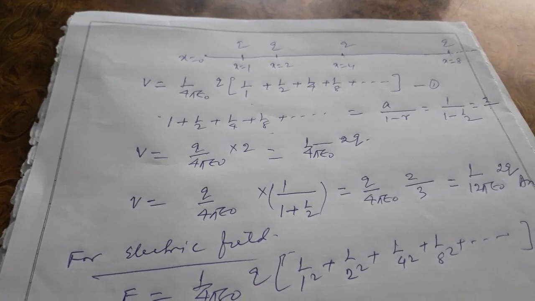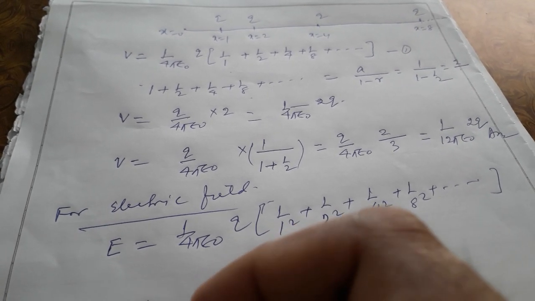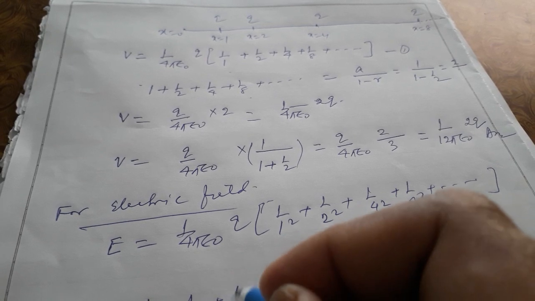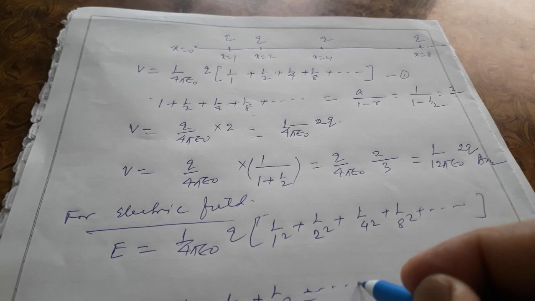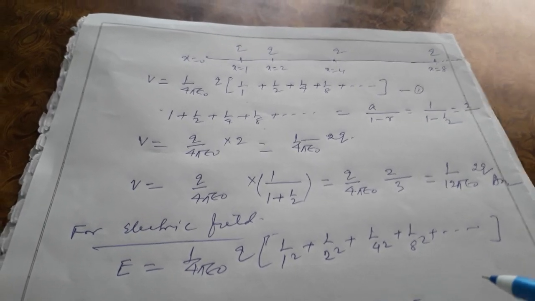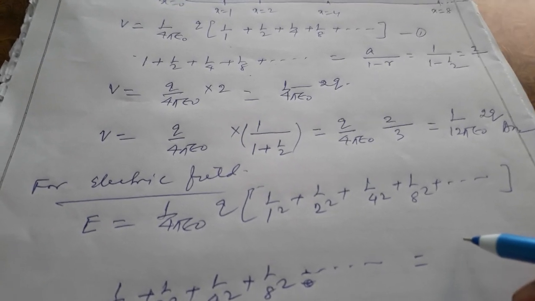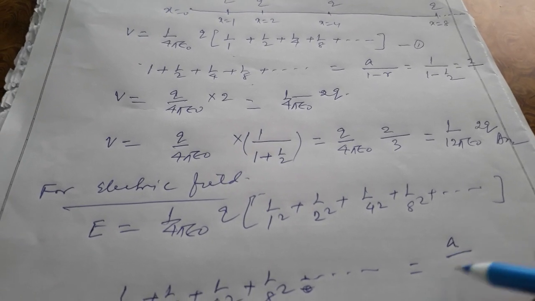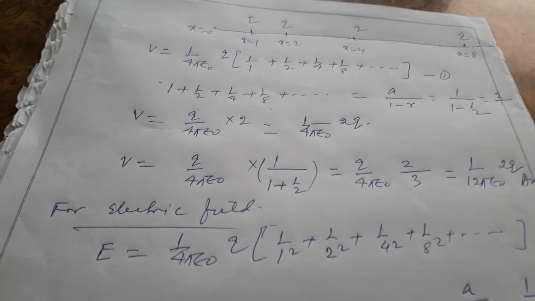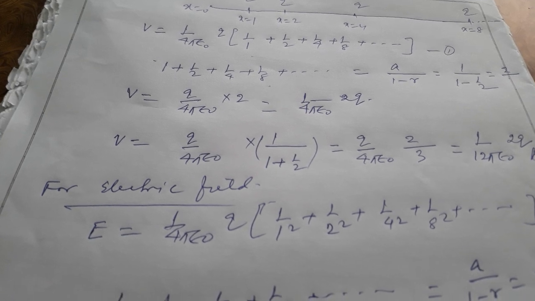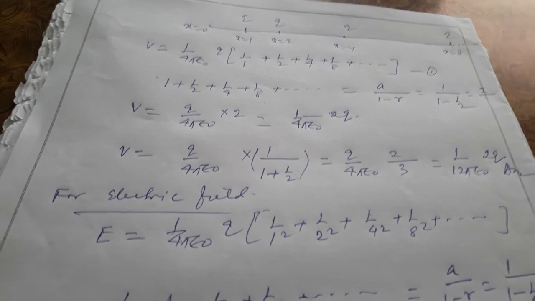For the sum of the infinite series, first we calculate the value of the infinite GP series: 1 plus 1 by 2 square plus 1 by 4 square plus 1 by 8 square and so on. We use a by 1 minus r, where a is the first term, which is 1, and r is 1 by 4, so 1 by 1 minus 1 by 4 equal to 4 by 3.